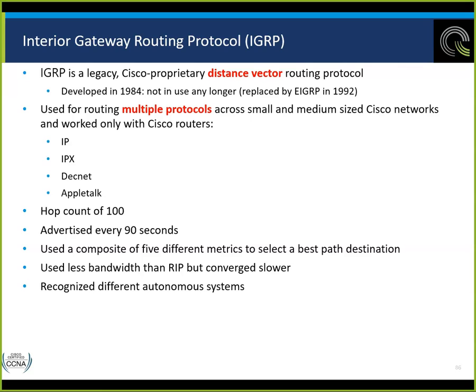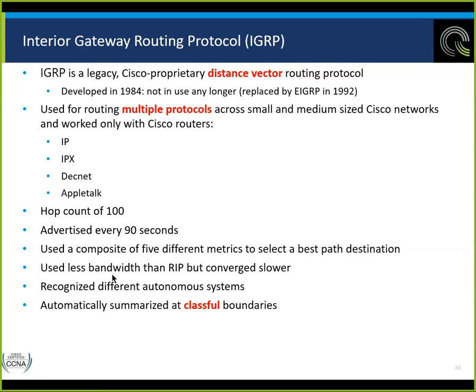These are different from the autonomous system numbers that would be assigned to the large organizations, the ISPs, for the big networks. We assign these autonomous system numbers. We have a group of routers that we want to share routes with, and we still use this concept in EIGRP.